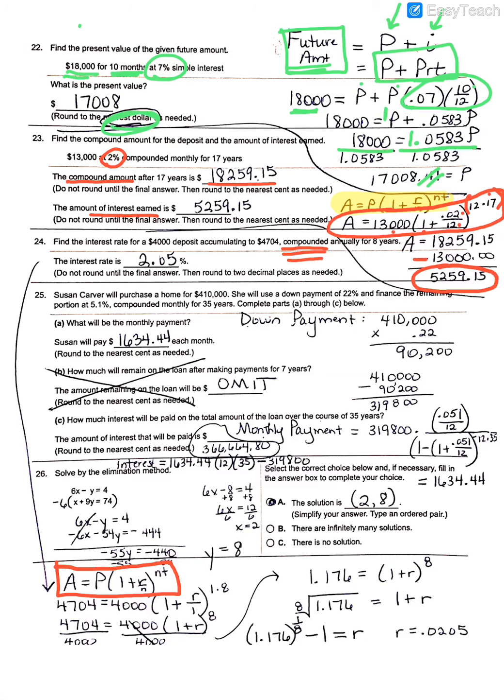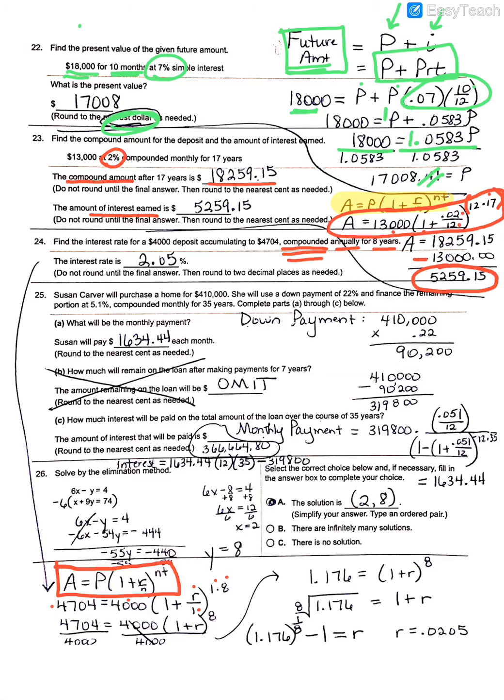And it's compounded annually for 8 years. So they told me this time the A is the 4704. The P was the 4,000. I do not know what the R is, so I'm going to leave that in there. Since it's compounded annually, that meant once a year. So divide by 1 to the power of 1 times the 8 years.